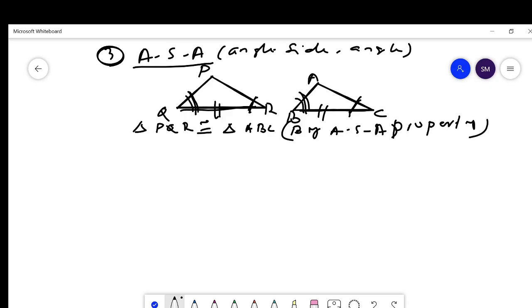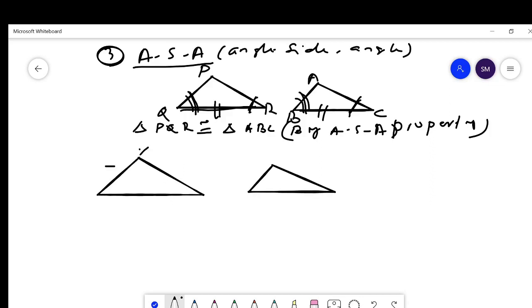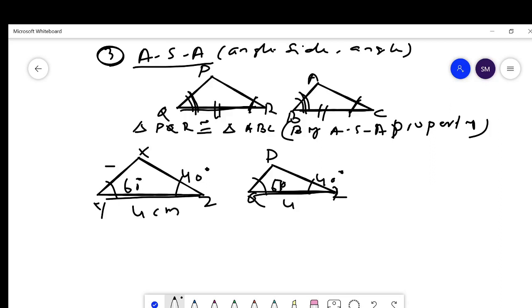Okay. Then here we suppose two triangles are given, XYZ and PQR. Here this angle is 60 degrees and this angle is 60 degrees. Suppose this is 40 degrees and this is 40 degrees. And the condition given is this side measures 4 centimeters and this side measures 4 centimeters.